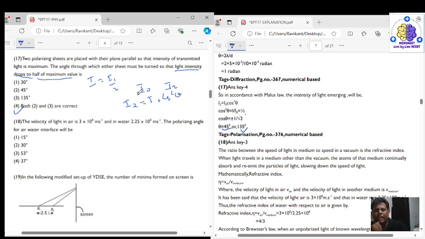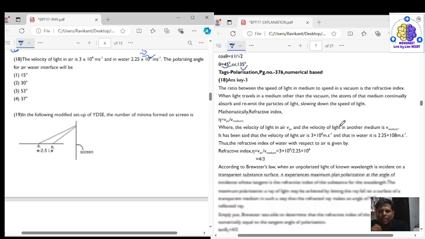They say that I2 should be equal to half of I naught. Solving this, we get cos theta equal to plus minus 1 by root 2, so theta will be either 45 degrees or 135 degrees. So the correct answer is option 4 for question number 17.